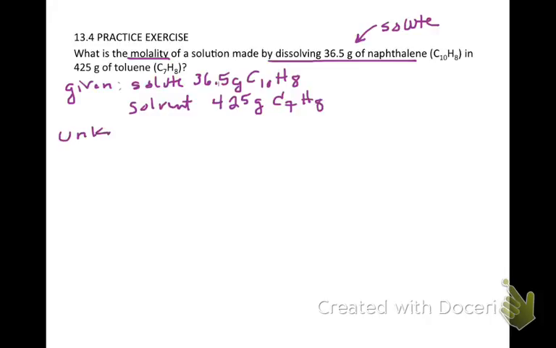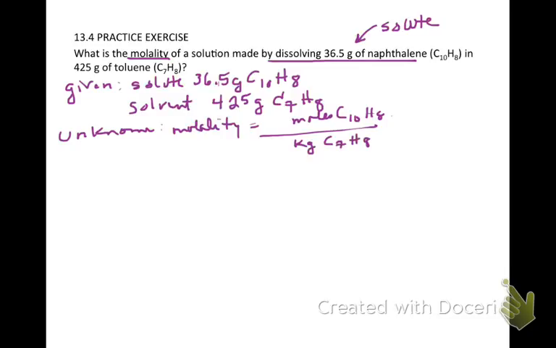What is my unknown? I'm asking for the molality of the solution. Well, the molality is the moles of solute, which is the C10H8, over kilograms of the solvent, which is the C7H8. By doing a given and unknown, I'm giving myself a map of where I need to go, what I need to calculate.